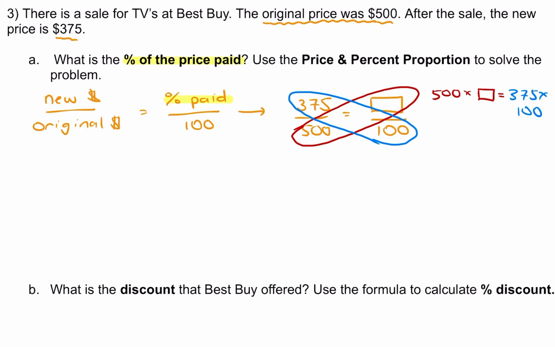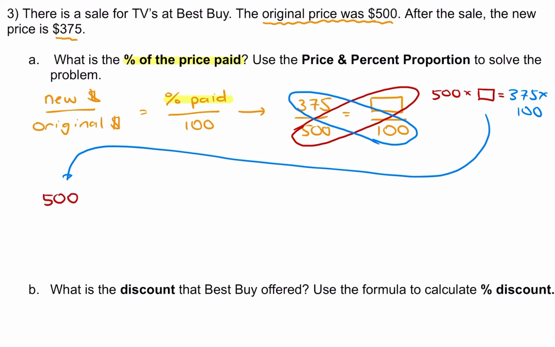I'm going to move my work over here because there's a lot of space for it. There's nothing we can do about 500 times blank because we don't know what belongs in that blank yet. And then we have 375 times 100.